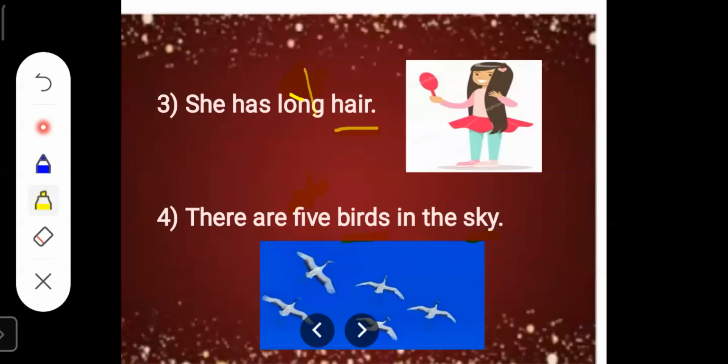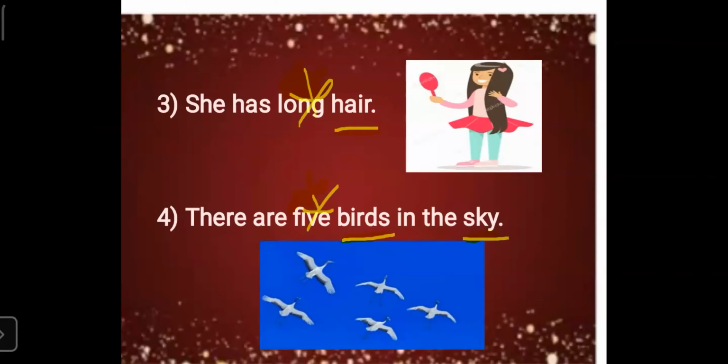Long tells us what kind of hair she has. So long is a describing word. Similarly, there are 5 birds in the sky. Birds and sky are naming words. 5 tells us something more about birds. So 5 is a describing word.